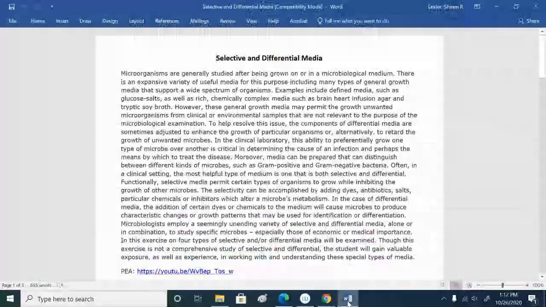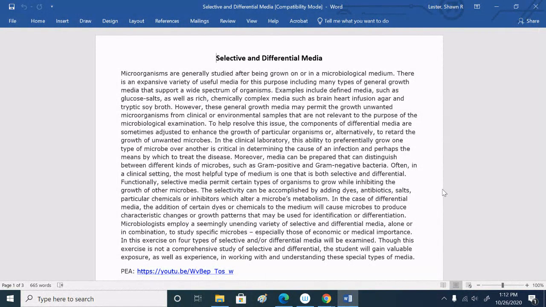So we're going to look at the handout on selective and differential media. For some reason this morning I was not able to draw on it or write on it, but now I can, so I don't know why.